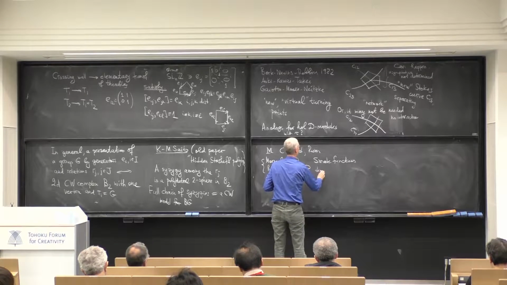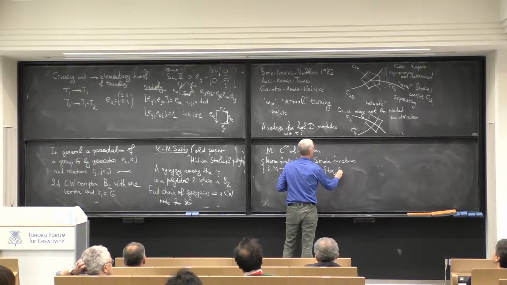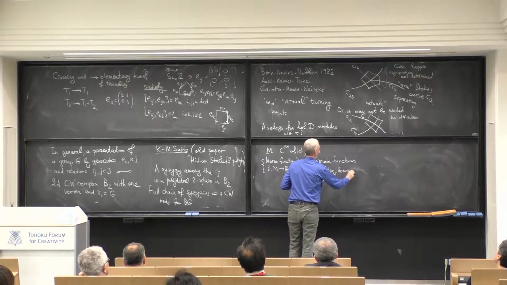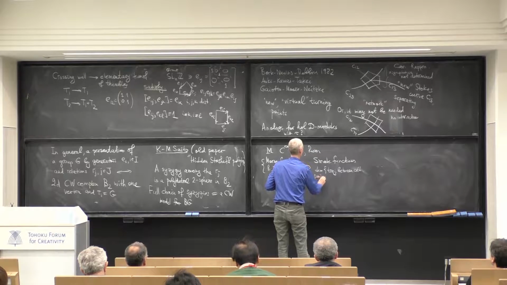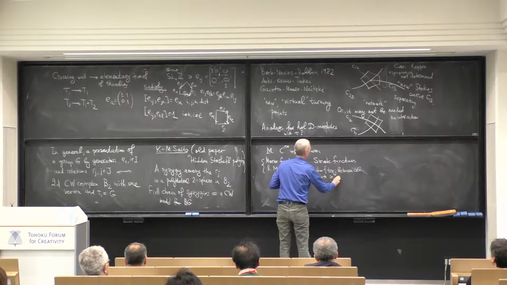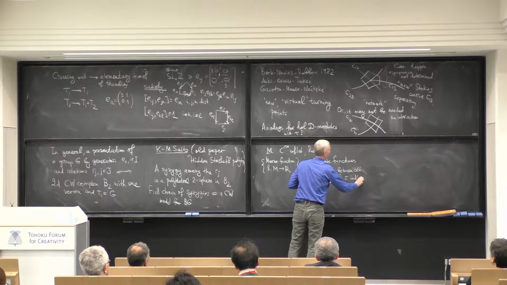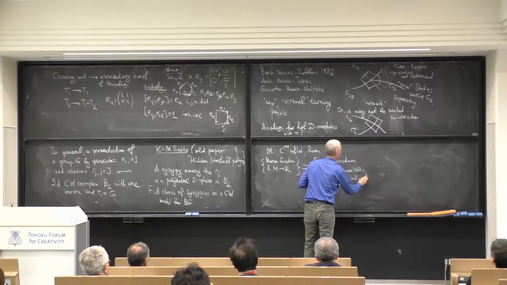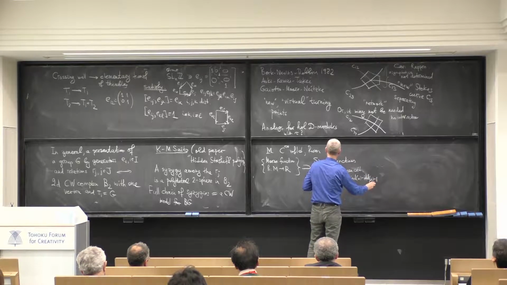For which the dimension of the set of gradient trajectories between critical points x and y is equal to the difference of indices, index of x minus the index of y, minus 1.